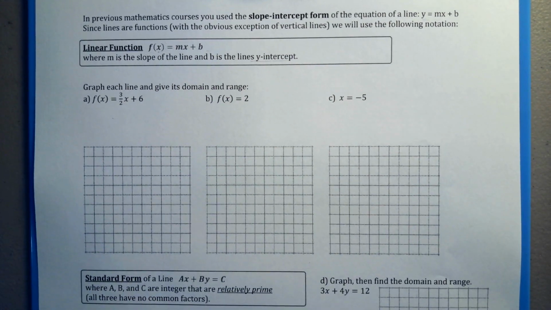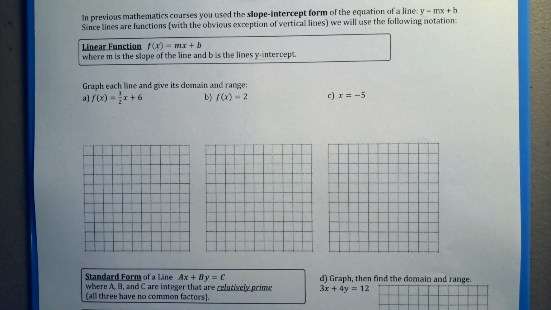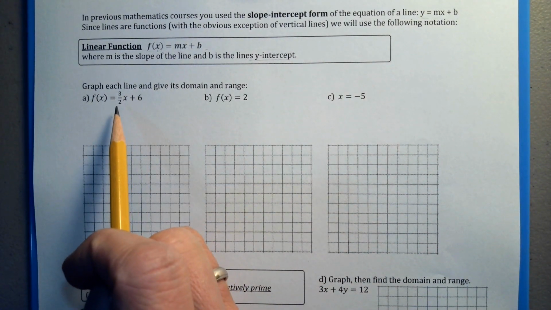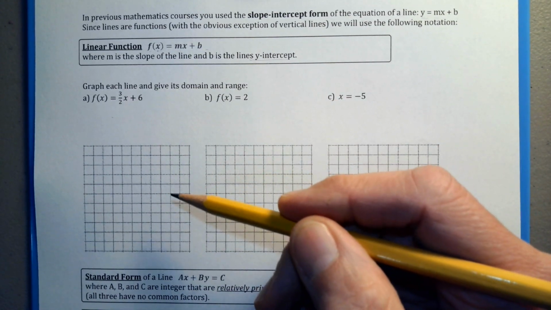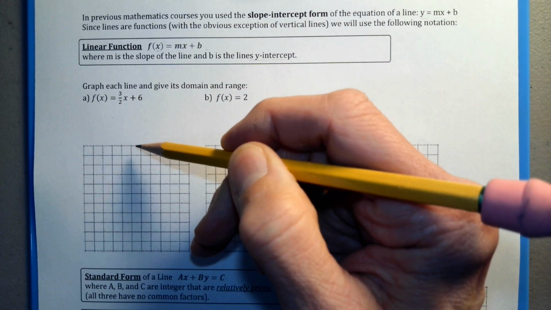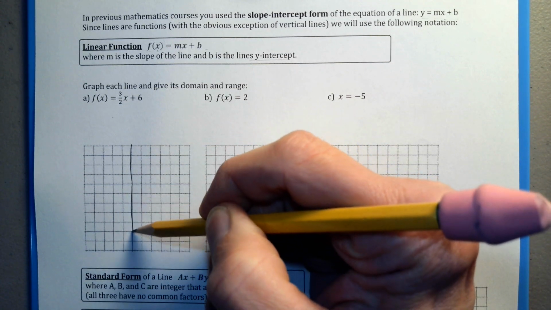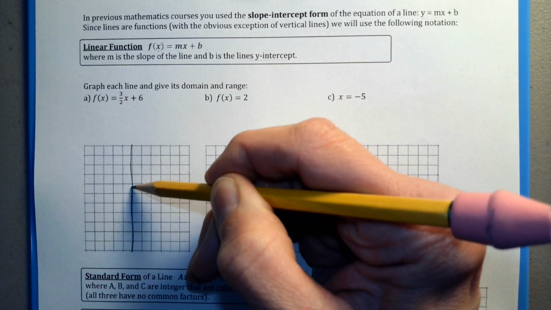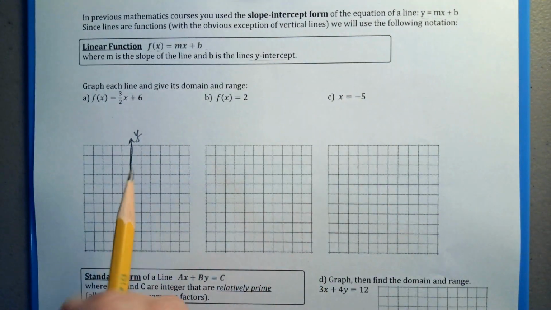All right, so let's graph each line and give the domain and the range. They didn't give us an xy coordinate plane, they just give us graph paper here, so let's put in the xy coordinate plane. Let's do our y-axis here and label that y.